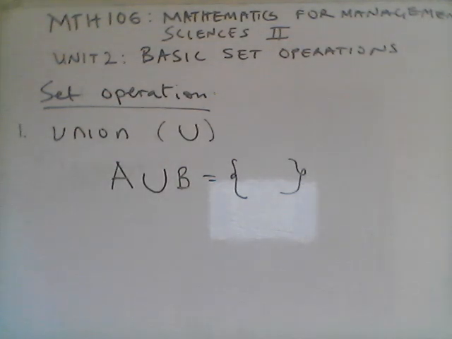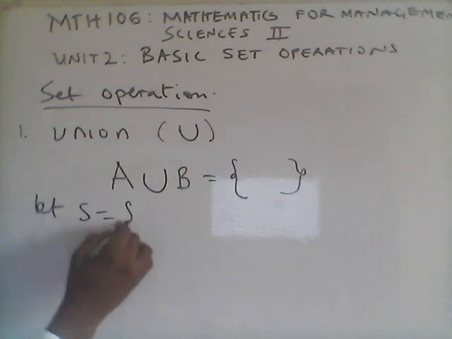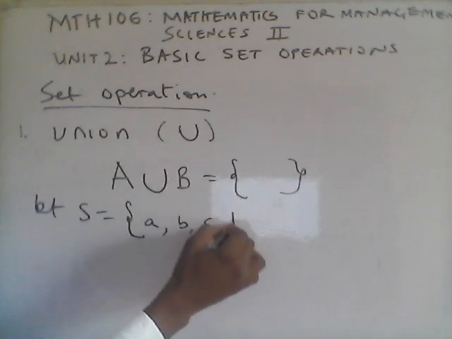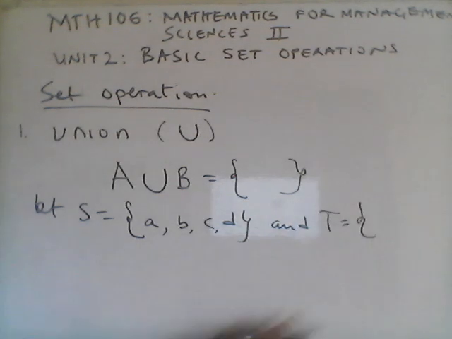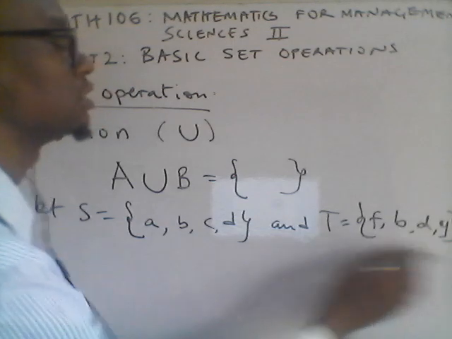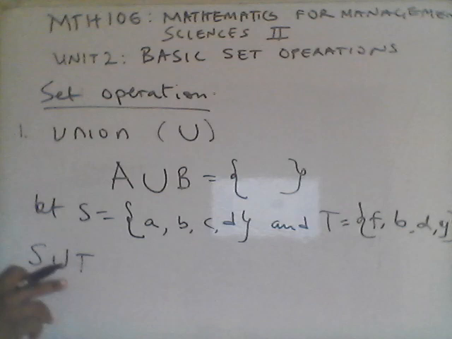So let's just quickly get to an example. For instance, let S be equal to A, B, I'm listing the elements out, C, and D. And I have another set T. I will have the elements F, B, D, and G. So I'll now say S union T, this is the operation for set operation.